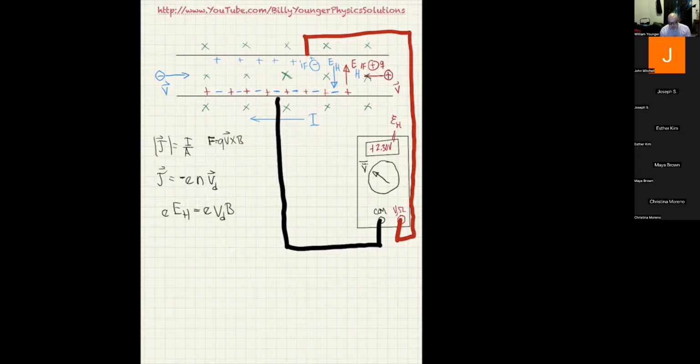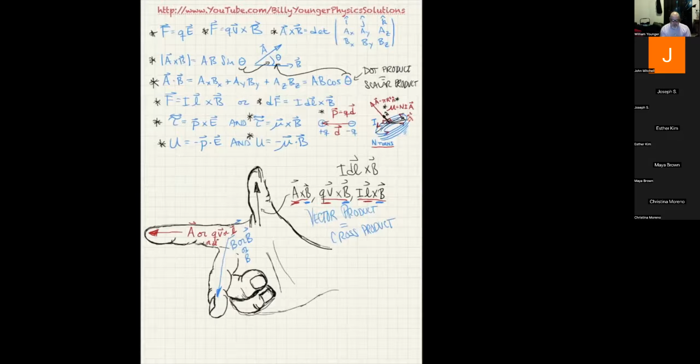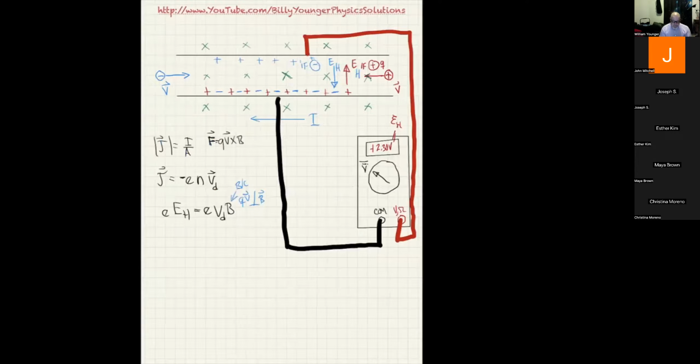But in this case, qv is perpendicular to B. So when qv is perpendicular to B, we would just get q times v times B times the sine of 90, and the sine of 90 is 1. Okay, so that's what's going to happen.